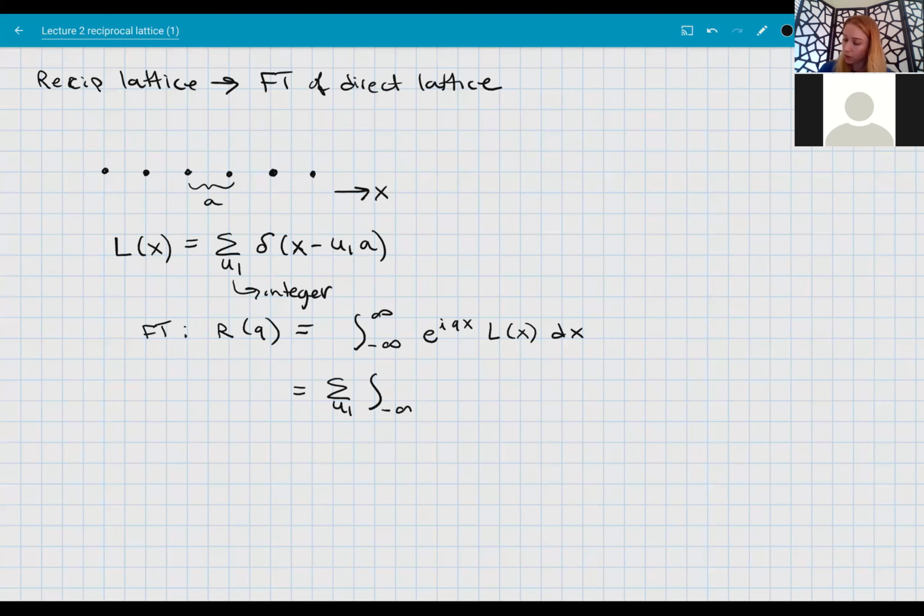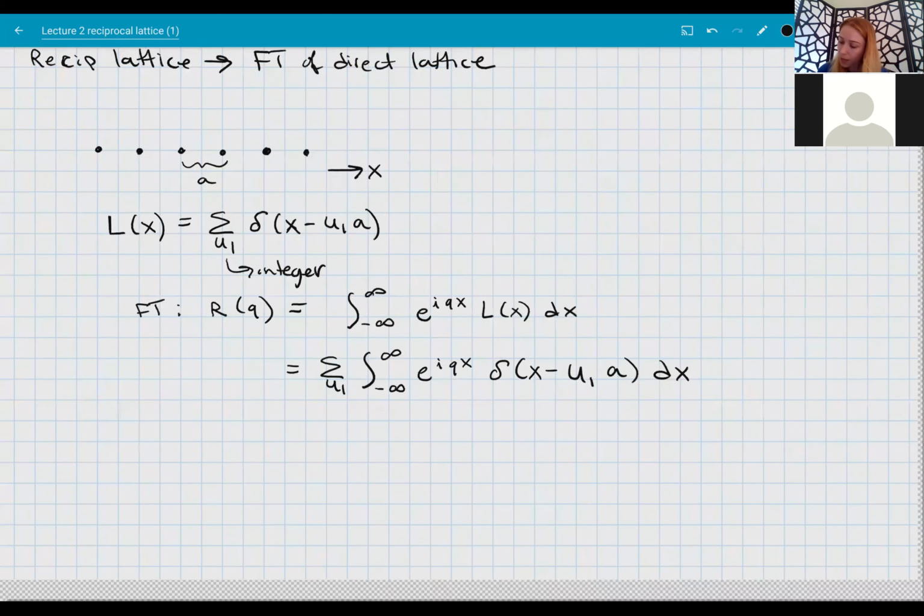Then we have an integral from minus infinity to infinity of e to the I q x, then delta of x minus u1 a, integrating over dx.